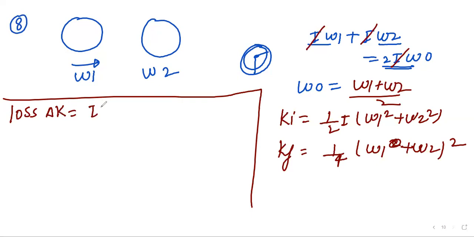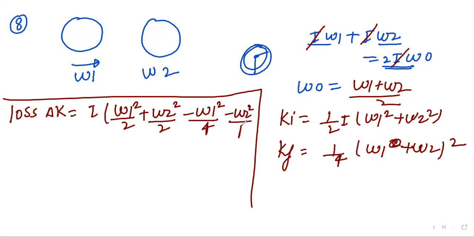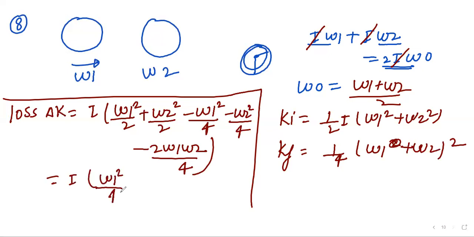So it is I into ω1 square upon 2 plus ω2 square upon 2 minus ω1 square upon 4 minus ω2 square upon 4 minus 2ω1ω2 upon 4. So it is I into ω1 square upon 4 plus ω2 square upon 4 minus 2ω1ω2 upon 4.